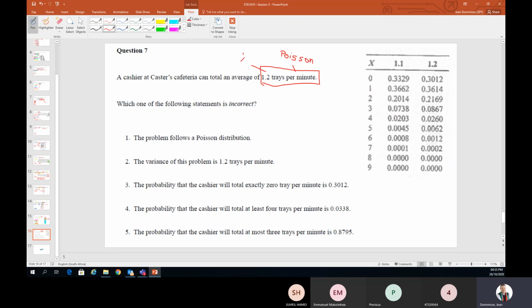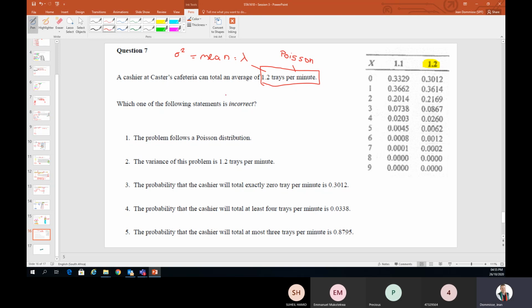So if it is Poisson, we know lambda is equal to that. That is the mean, and that is also your variance. So I just want to write those things down when we get anything like that in the question. Then it is already sorted.